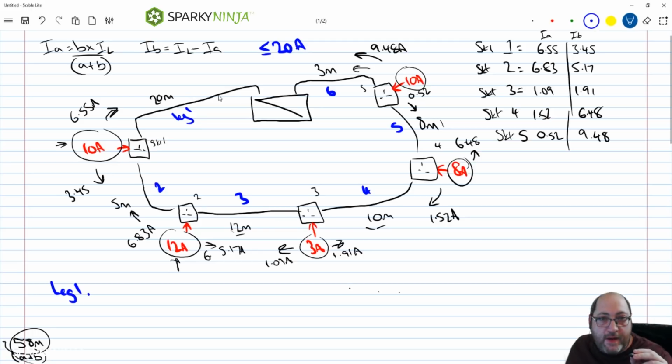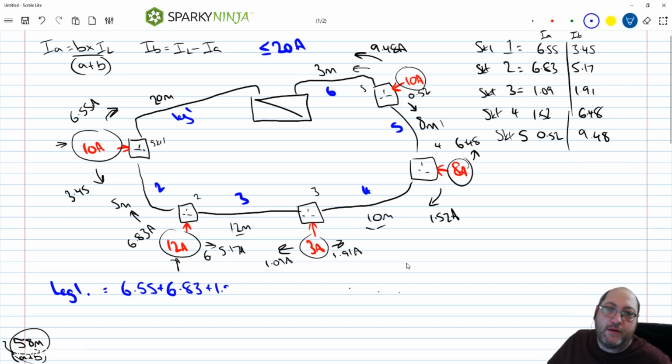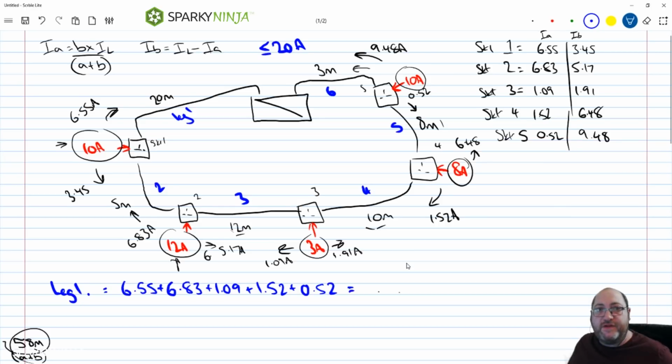This one is pulling that way, the IA. So it's all the IAs. I want to add the IAs together. So it's 6.55 plus 6.83 plus 1.09 plus 1.52 plus 0.52. That gives me an overall amount of current on this leg of the ring final.